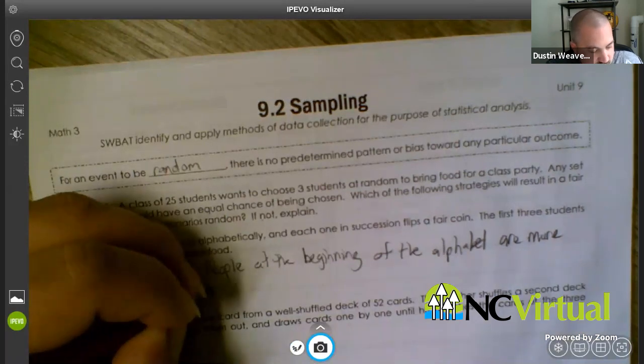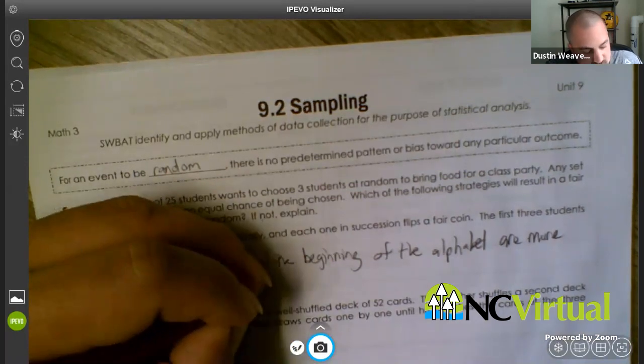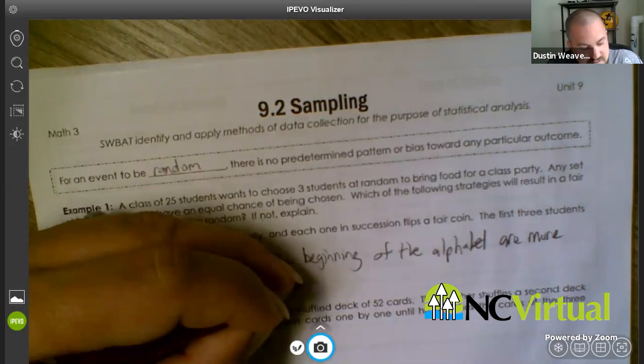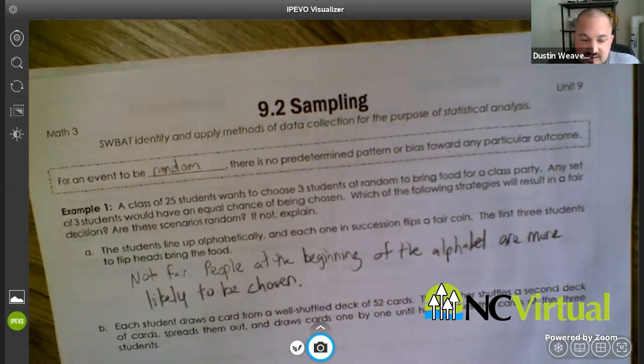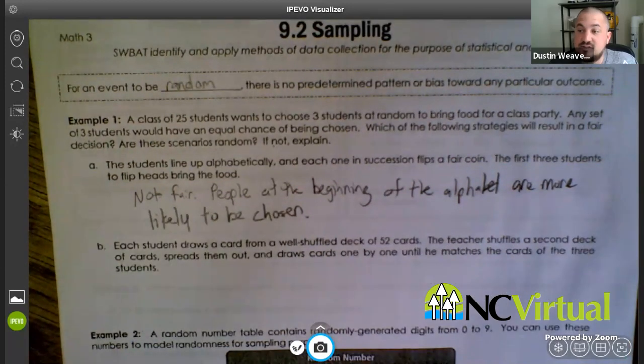Now, if you were thinking that it was fair, well, each person that gets a chance is going to have a 50% chance of being chosen. It's going to be 50-50. So that is fair. But the problem is every person's not going to get a chance.